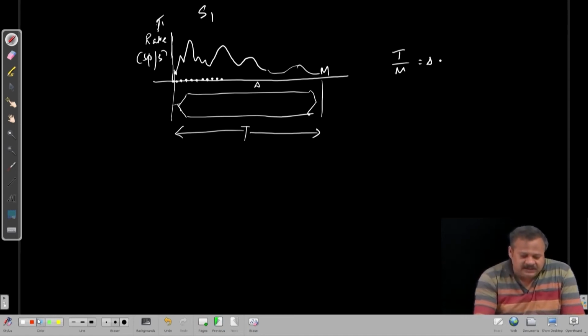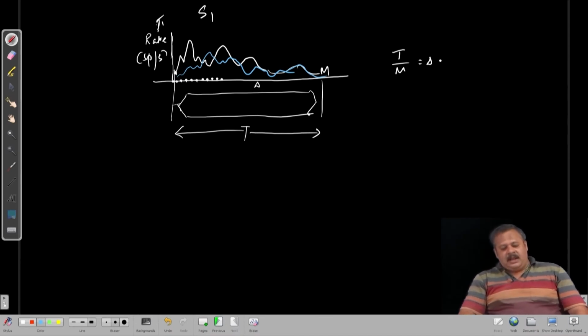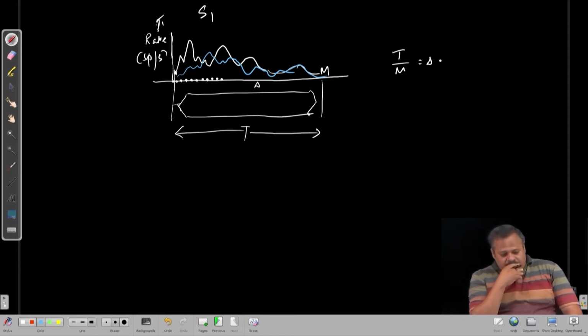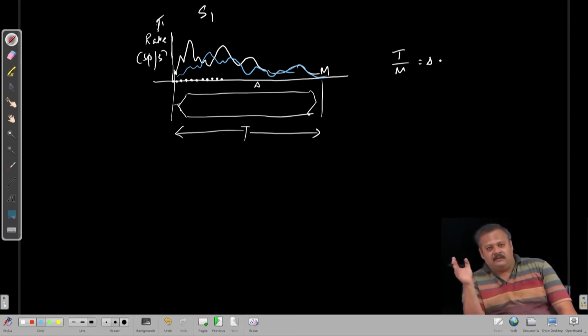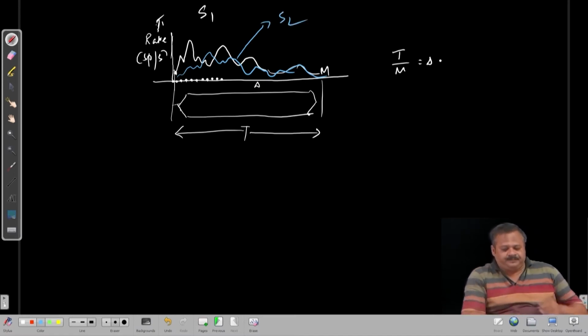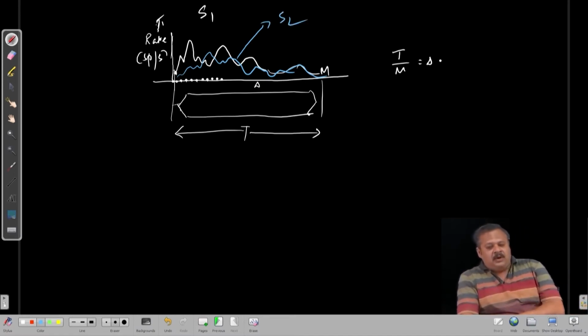Now, to stimulus S2, this may be of some other form like this. And so now we are asking the question: based on the overall duration of T, if we were to look at the pattern of spikes over time and use all that information in discriminating S1 and S2, then how much is the discrimination, or are they discriminable?